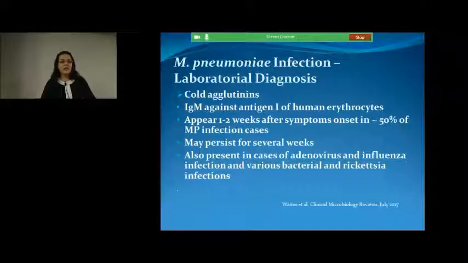The cold agglutinins, which are thought to be IgM antibodies against the antigen I of the human erythrocytes, appear 1 to 2 weeks after symptom onset in about 50% of cases of Mycoplasma pneumonia infection. They may persist for several weeks, so they are not helpful to inform you about acute infection. Also, they do not have good specificity. They may be present in cases of adenovirus and influenza infection, and in various bacterial and rickettsial infections.